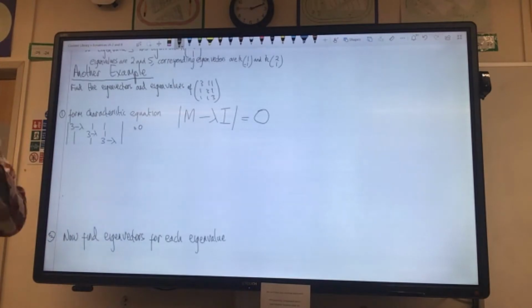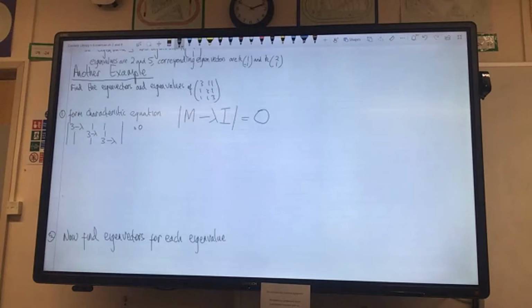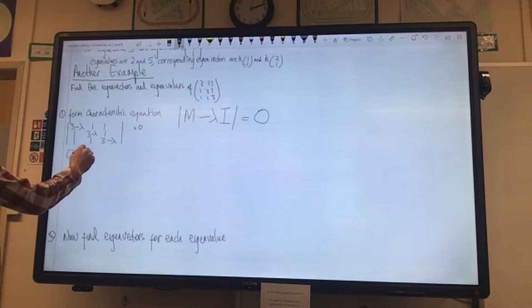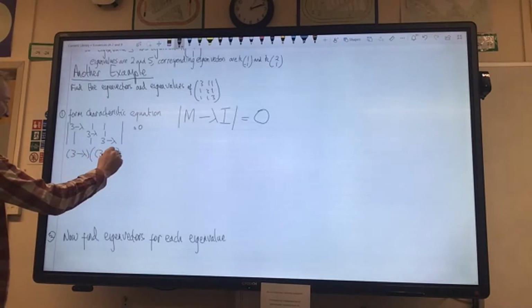So let's pick on someone, see if someone can write down the next slide. So Andy, can you tell me what the determinant of that matrix is? So it would just be 3 minus lambda times (3 minus lambda) squared minus 1. Very good.